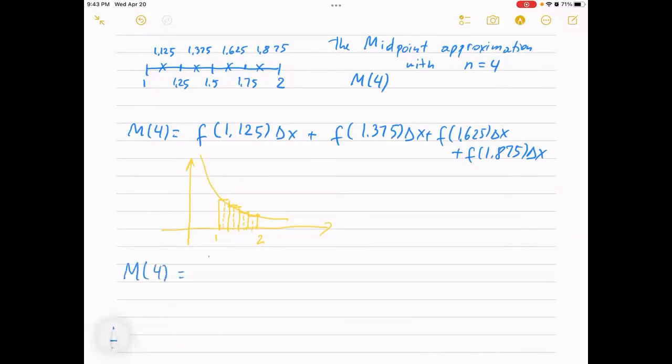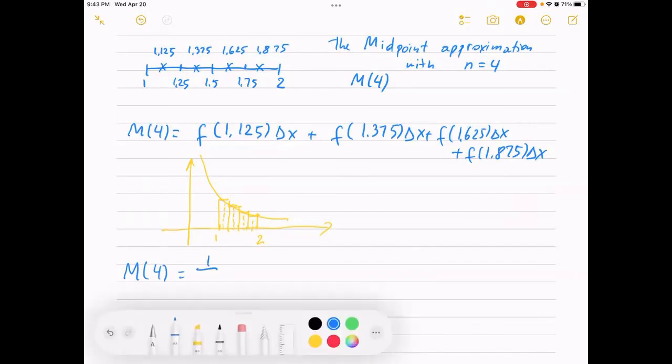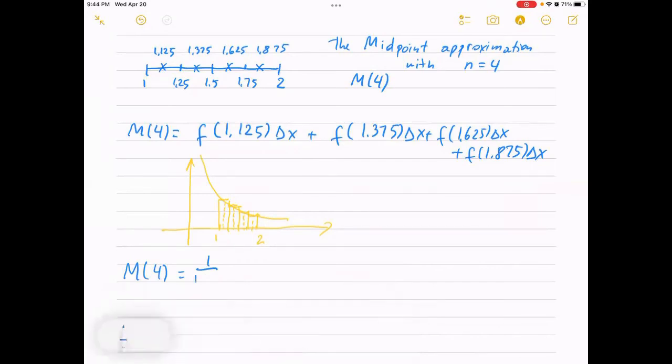You recall that our function is 1 over x, so we're going to get 1 over 1.125 times delta x, which is 0.25, plus 1 divided by 1.375 times delta x, plus 1 divided by 1.625 multiplied by delta x, plus 1 divided by 1.875 times delta x, which is 0.25.